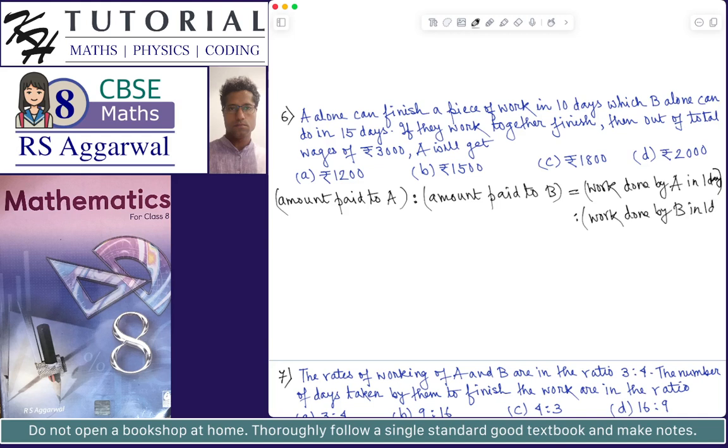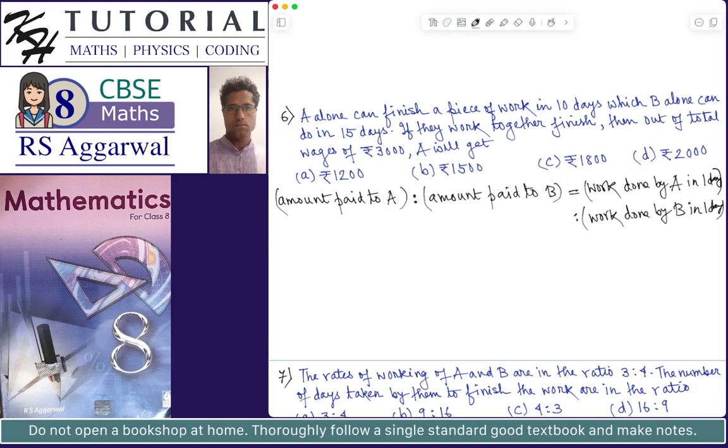So obviously the payment will be proportionally divided between A and B depending on how much work A has done and B has done.